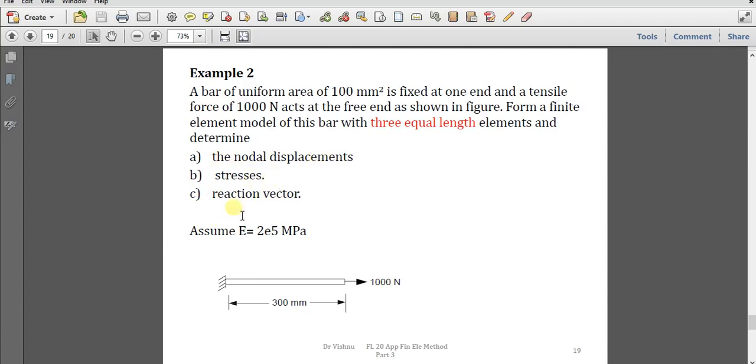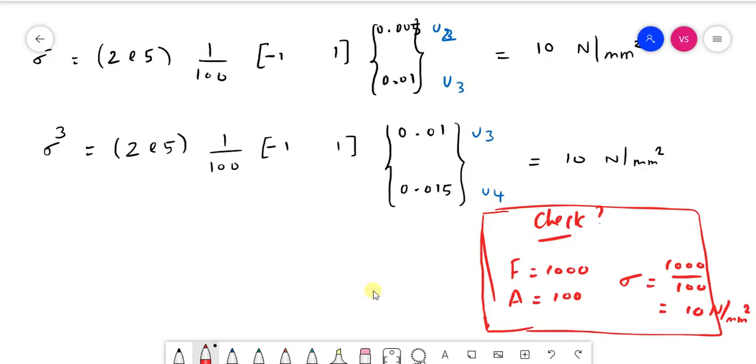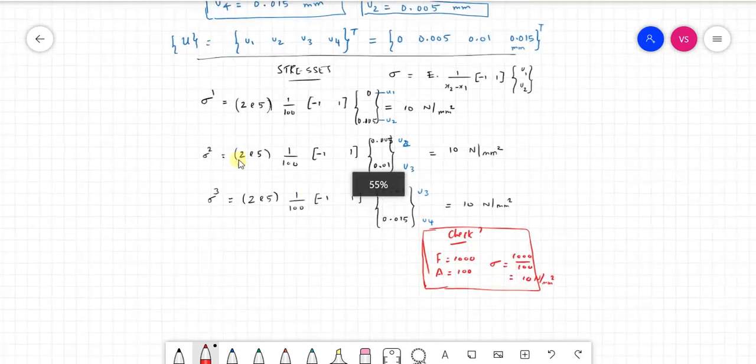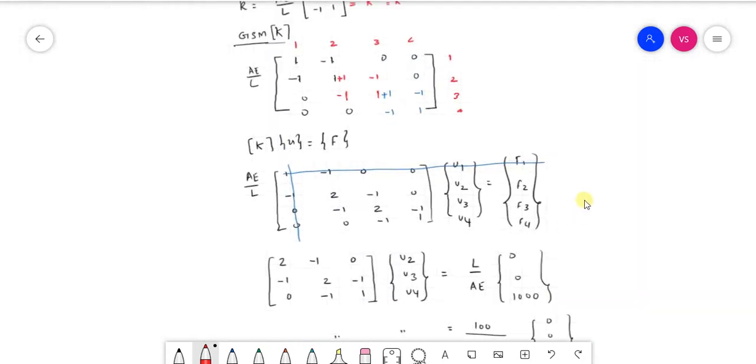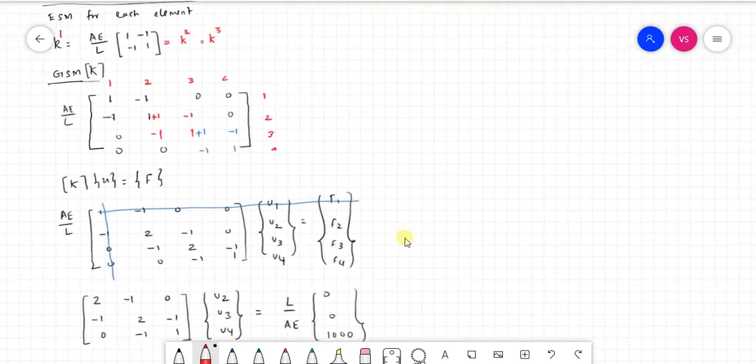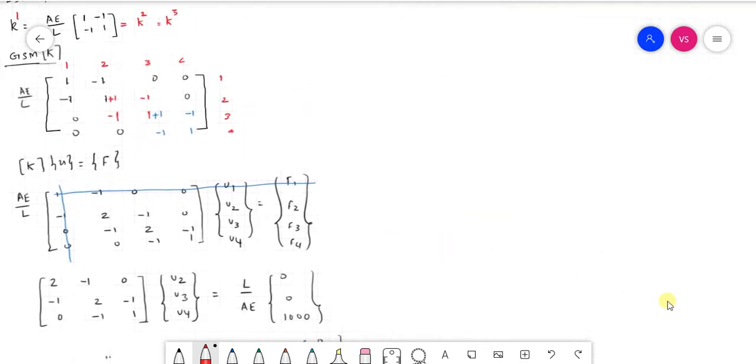The third thing is reaction vector, to find the reaction vector.